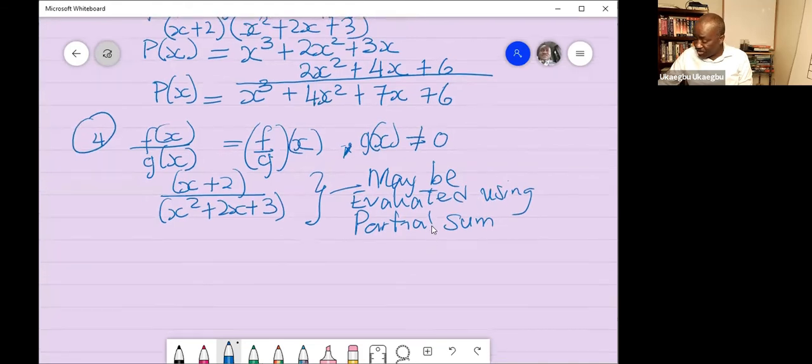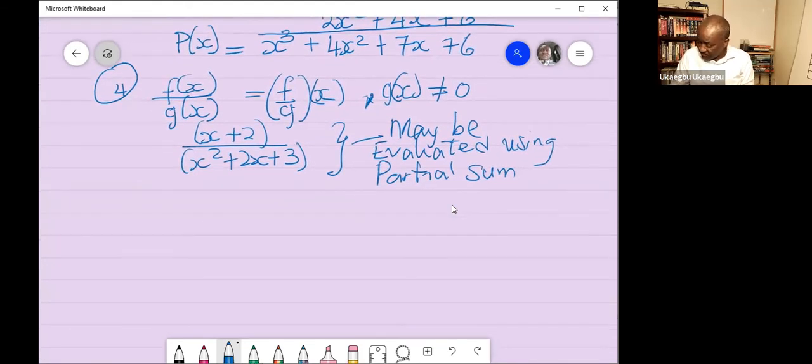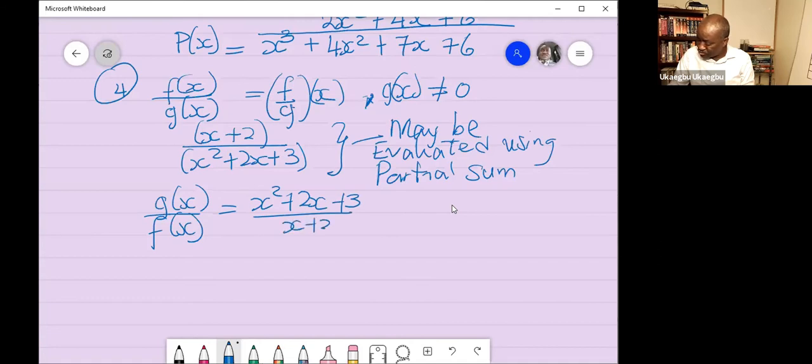Now, if on the other hand, we have g of x over f of x, it is going to be x squared plus 2x plus 3 divided by x plus 2.